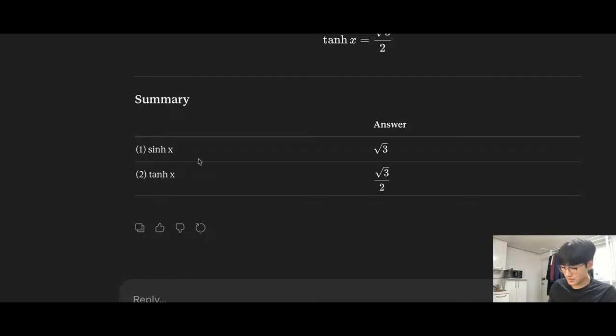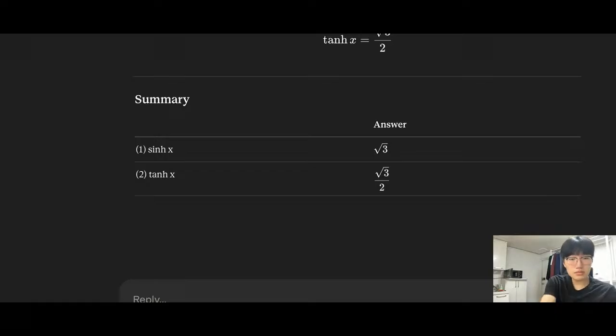Summary: sine hyperbola x equals square root of 3, and tangent hyperbola x equals square root of 3 over 2. All right, I get it. So 2 and square root of 3.